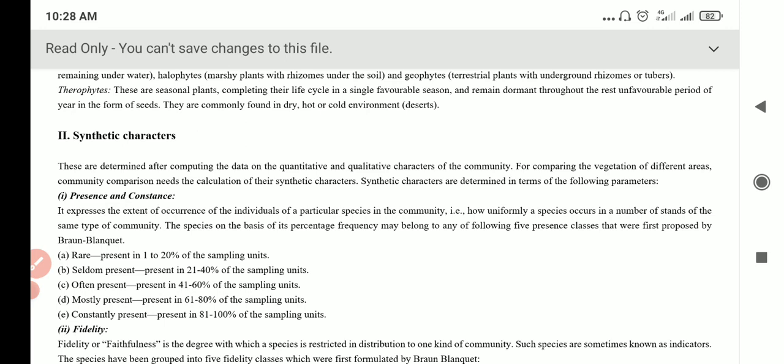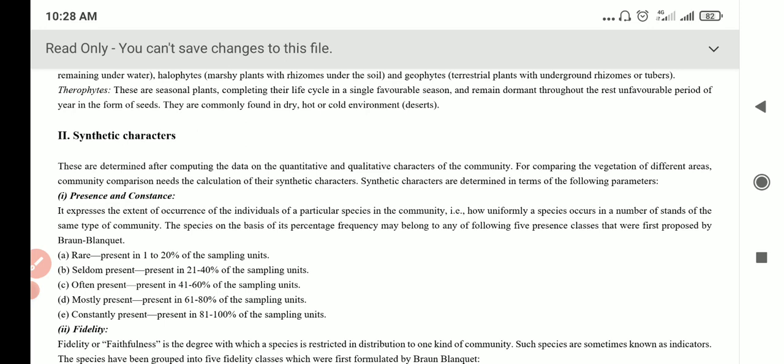Okay, so what I mean is, if you want to get the overall idea of the community, you will have to take many characters into consideration. Like for example, importance value index that is there in your practicals. Other than the frequency, density, abundance, we would be doing separate practicals, right?